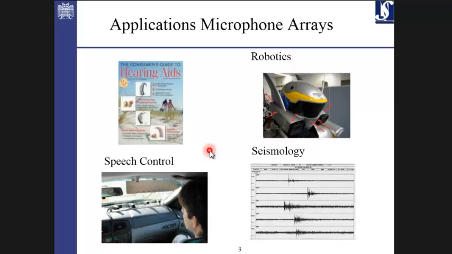So we have also another example like the speech control case, where a series of microphones, called an array, is deployed inside the car, and the car is driving fast, and we know that inside the car there are a lot of noises from the environment, specifically when the window is open. So all these noises somehow deteriorate the quality of the voice that can be communicated inside the car.